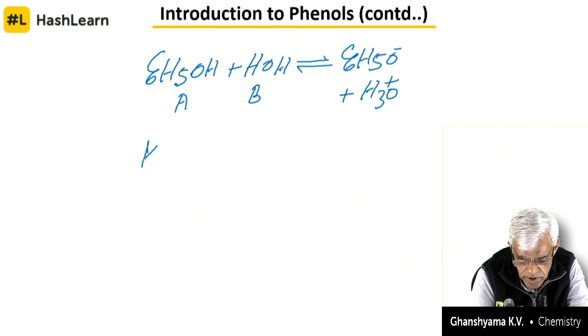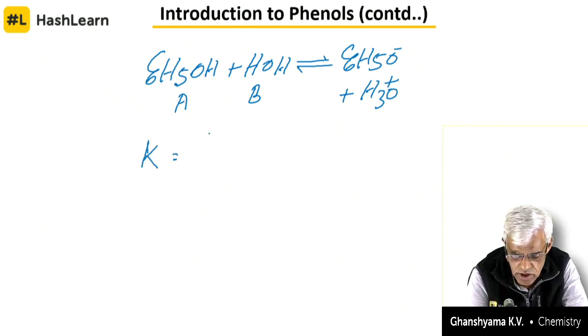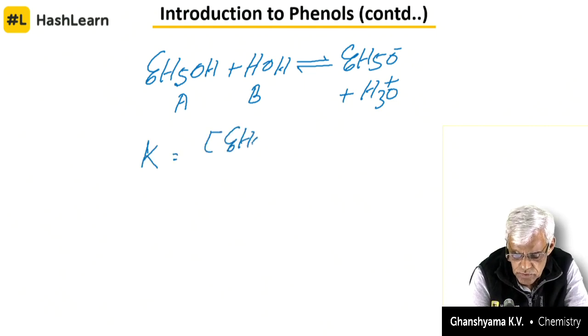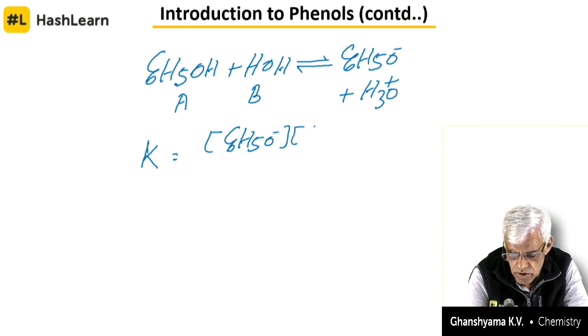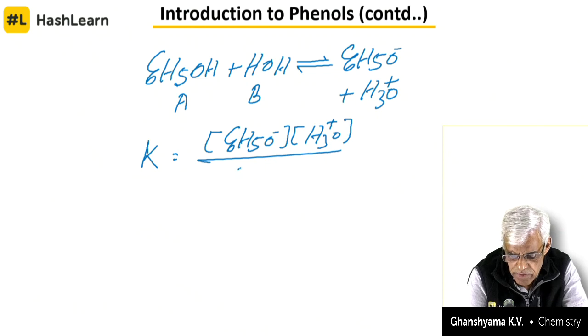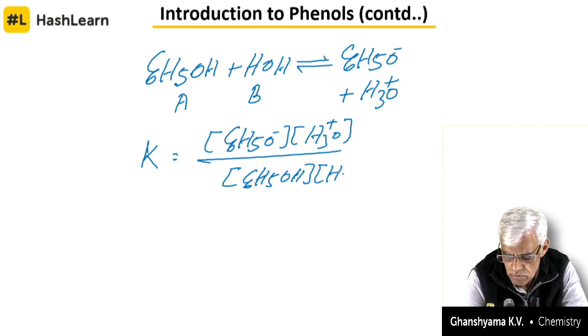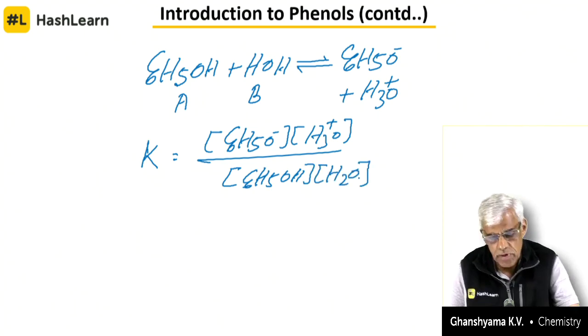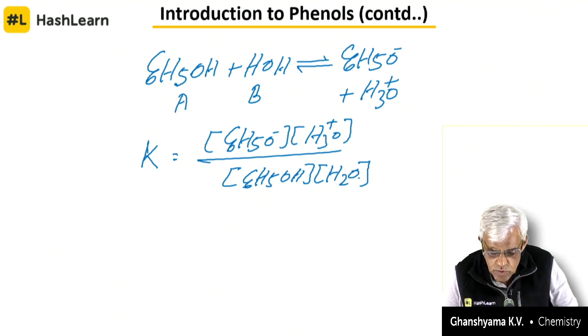Therefore, the equilibrium constant K for this is active mass of C6H5O minus into active mass of H3O plus divided by active mass of C6H5OH into active mass of H2O. You know that active mass of H2O is constant.